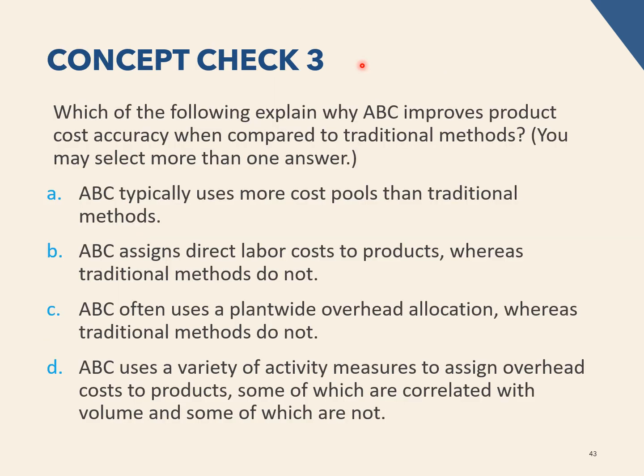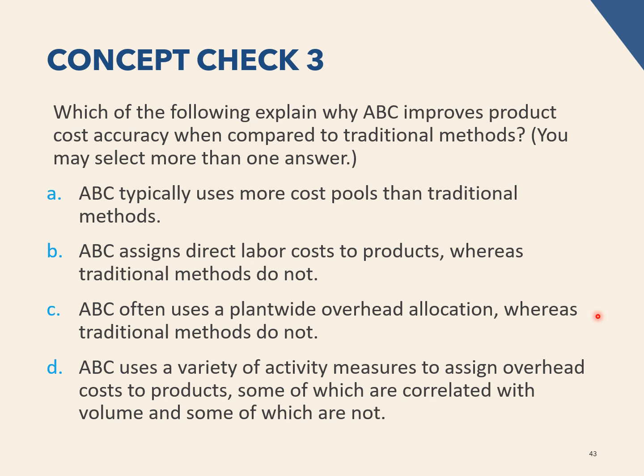Concept check number 3. Which of the following explain why ABC improves product cost accuracy when compared to traditional methods? There could be more than one answer, okay? A, ABC typically uses more cost pools than traditional methods. B, ABC assigns direct labor costs to products, whereas traditional methods do not.